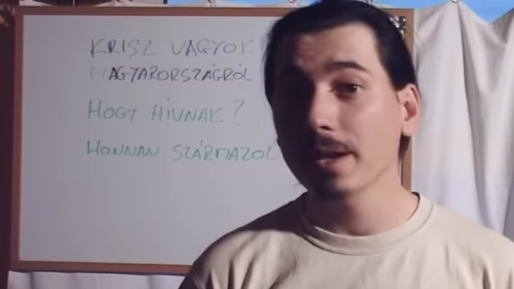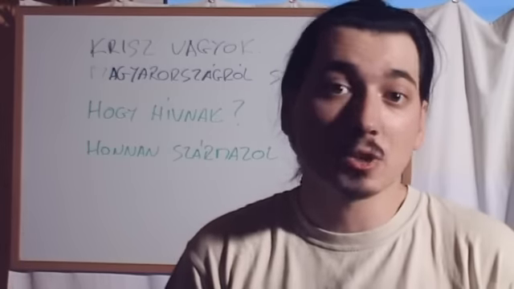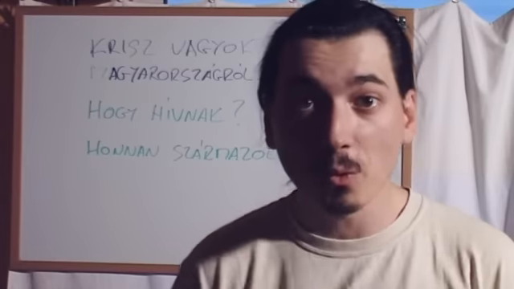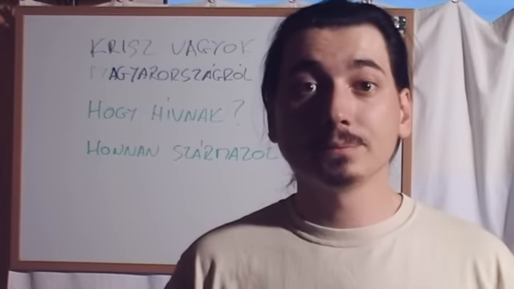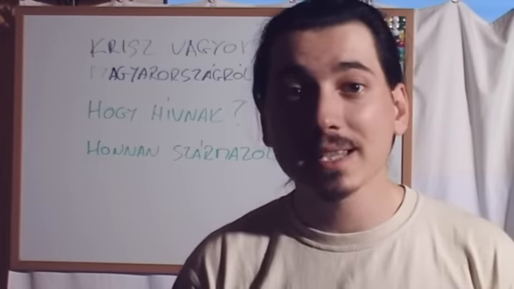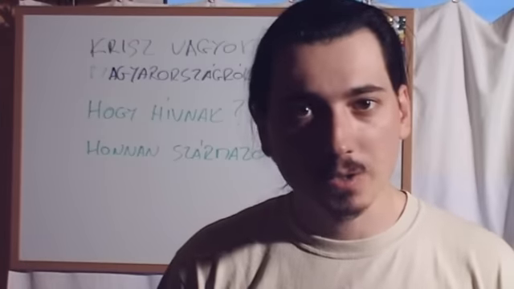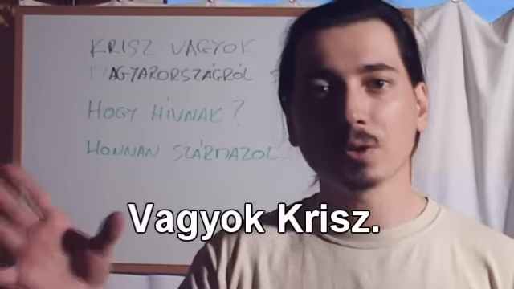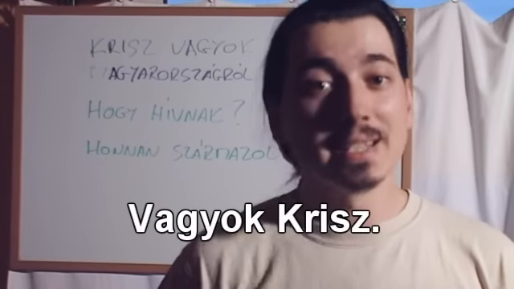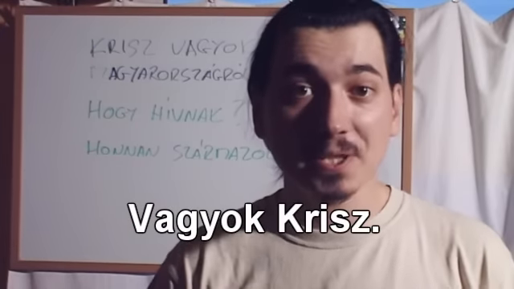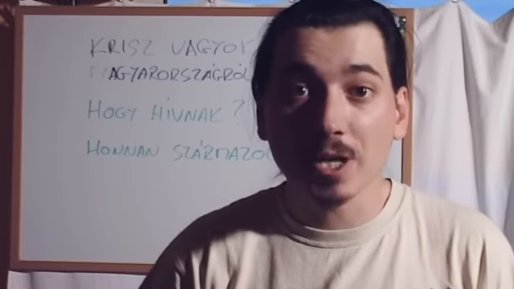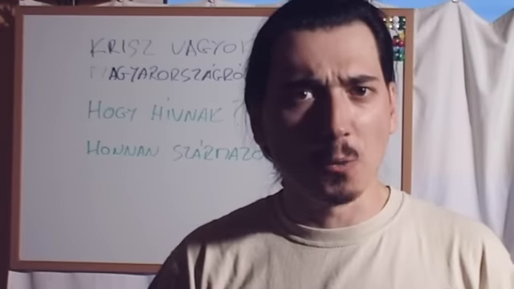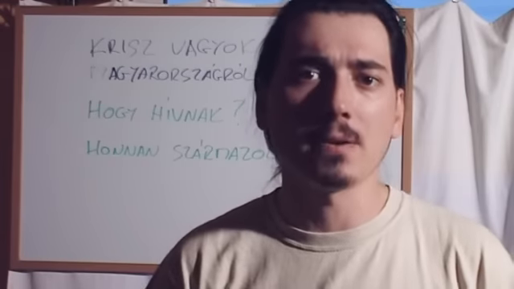That's because the Hungarian language uses attachments, like I've told you before, and we can organize our sentences however we want. The order doesn't matter. In this case, vagyok, Krisz would mean nothing. Or to be more precise, it would mean I am Krisz in a weird order. For a Hungarian listener, of course.